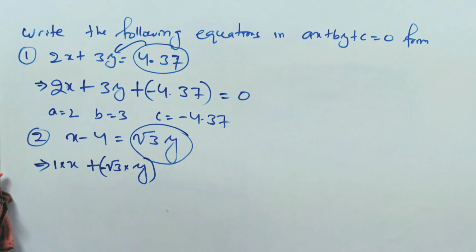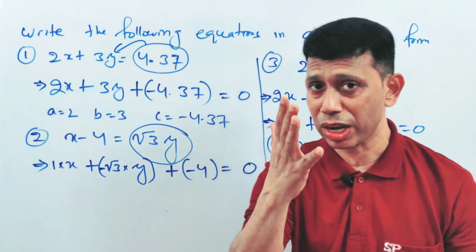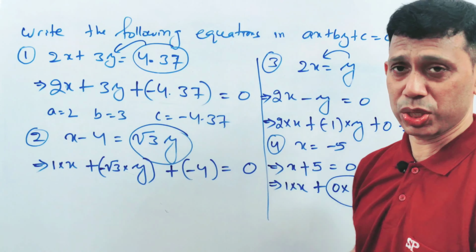No y is there. Plus 5 is equal to 0. Now, can I say ax plus by plus c is equal to 0? But this term is 0. So this has been expressed as a linear equation in two variables. Like this, you can express the given equation in the general form of linear equation in two variables, that is ax plus by plus c is equal to 0.